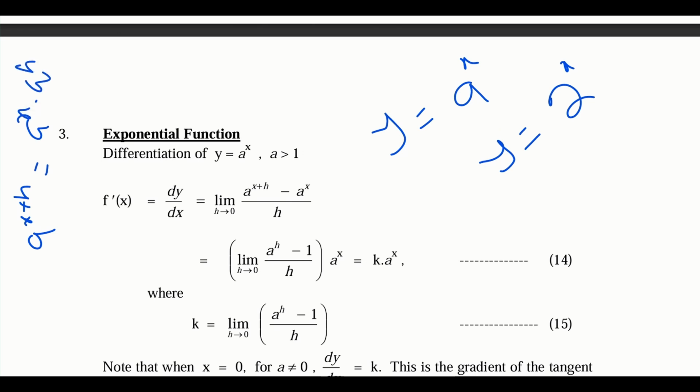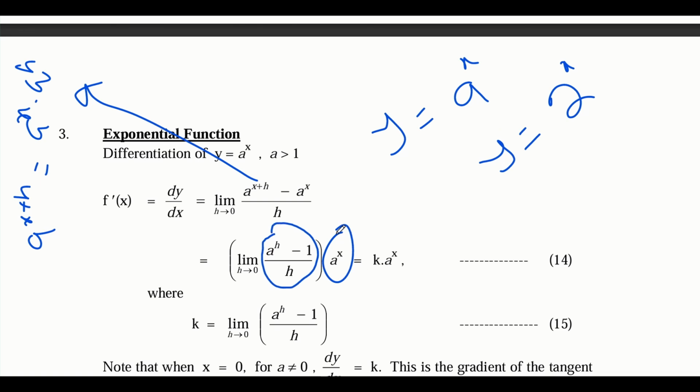If I substitute this for that expression, then I can factorize a raised to the power x out, which you see here. Now you realize that the logic is that we get a function in terms of h inside.